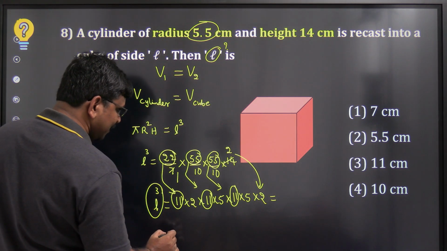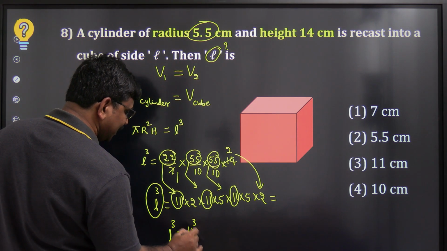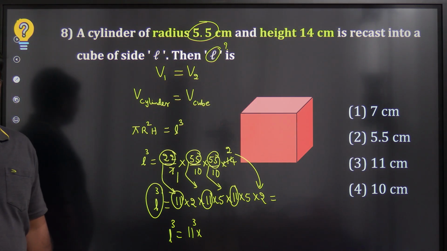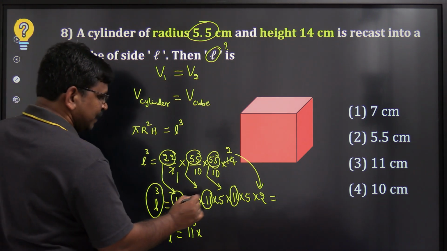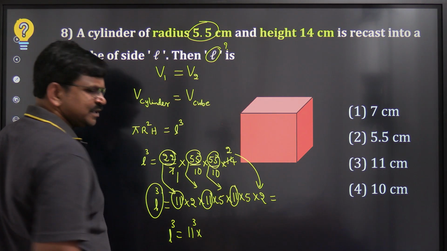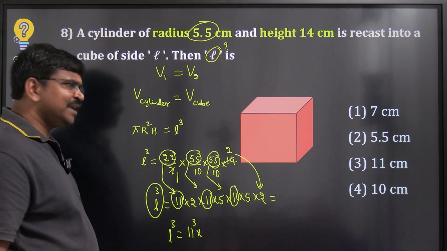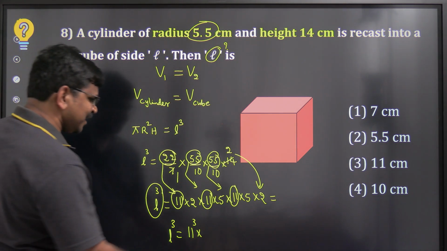Let me write here. L cube is equal to 11 cube times. Now, what is left here? 2 times 5 times 5 times 2. What is this? 2 into 5, 10. 5 into 2, 10. 10 into 10. How much do you get, 10 into 10? Observe here. 100.